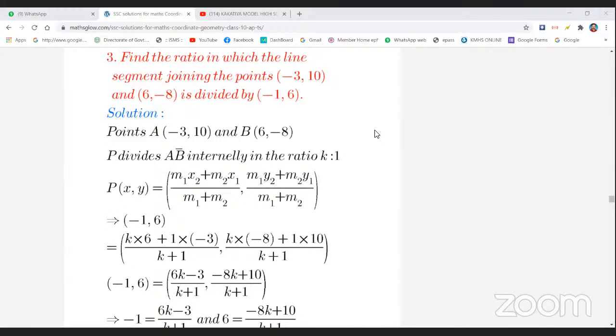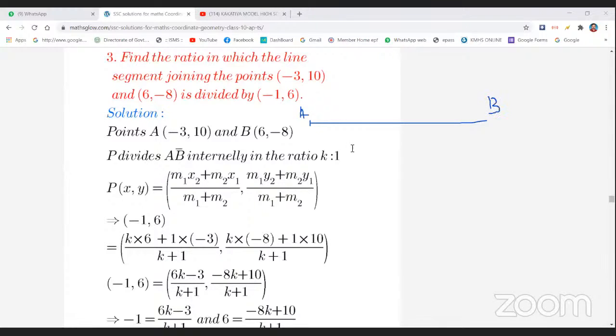Okay, students. Find the ratio in which the line segment joining the points (minus 3, 10) and (6, minus 8). What is the line segment here? It is the A point, then the B point.